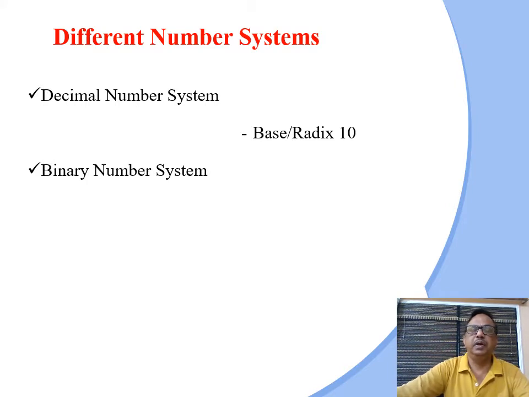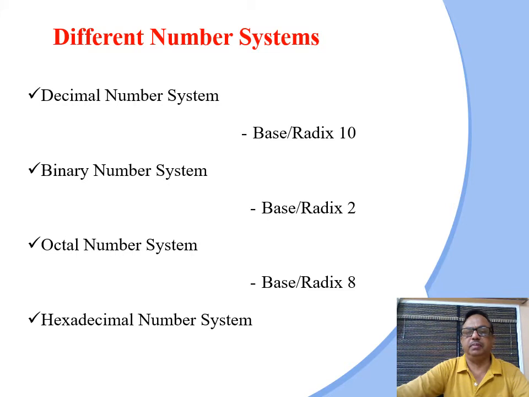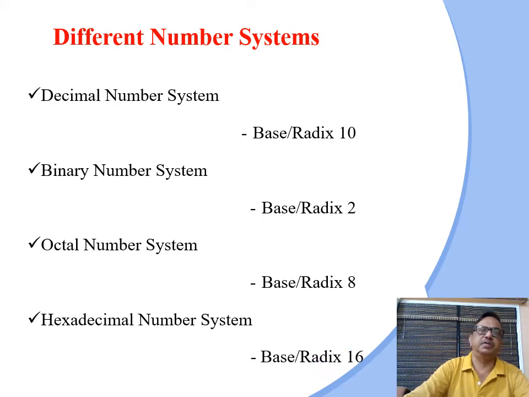Binary number system has radix or base 2 because it has two distinct symbols, and the third one is the octal number system. In this number system, the base or radix is 8 because it has 8 distinct symbols, and finally the hexadecimal number system, which has base or radix 16 because it has 16 distinct symbols.